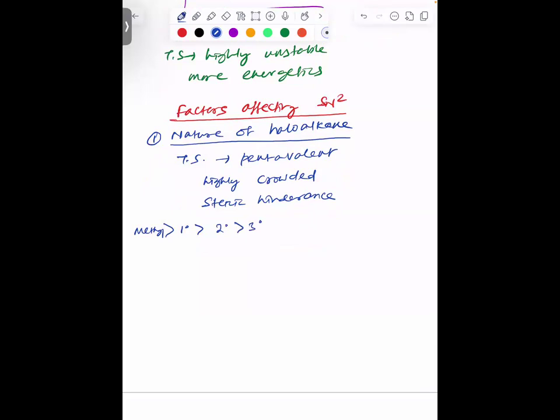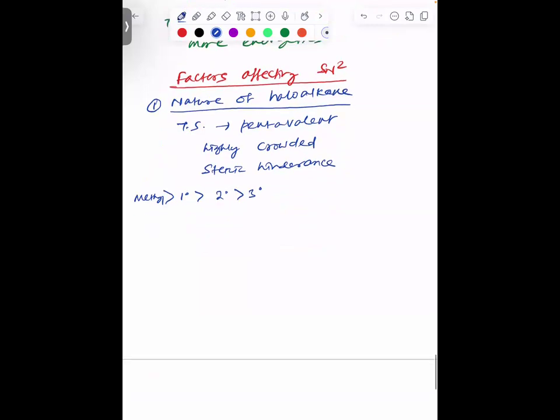When we looked at SN1, what was the order? Tertiary, greater than secondary, greater than primary, greater than methyl. It is reverse. The reason is that tertiary is highly crowded and methyl is least crowded. So least crowded, the SN2 reaction will be faster. And highly crowded will give SN1 reaction more faster.